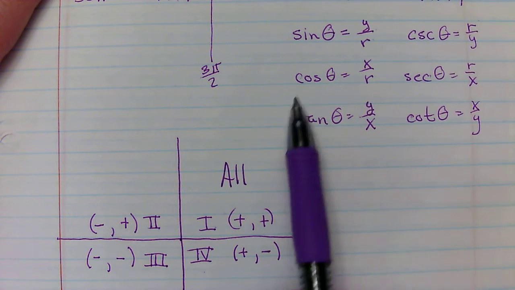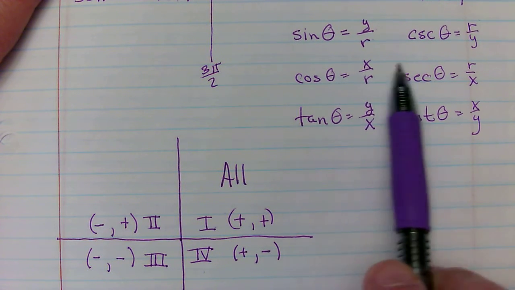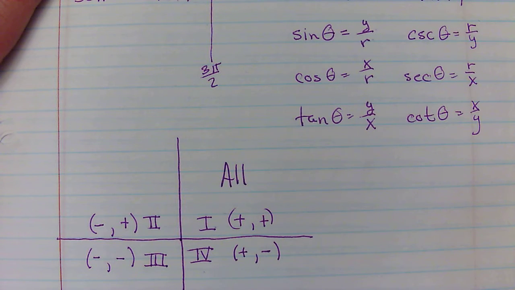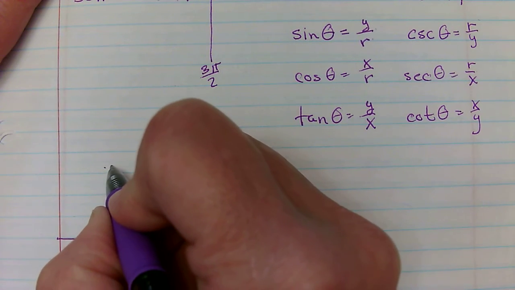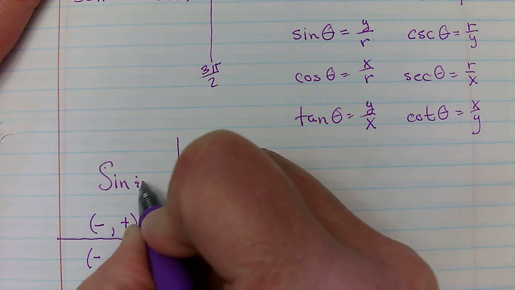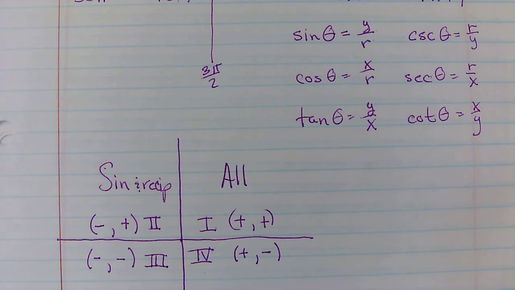That's everything except sine and cosecant. So all of these other ones are going to be negative, but the sine and the cosecant are going to be positive. So in the second quadrant, sine and its reciprocal are positive, and all the rest of the trig functions are negative.